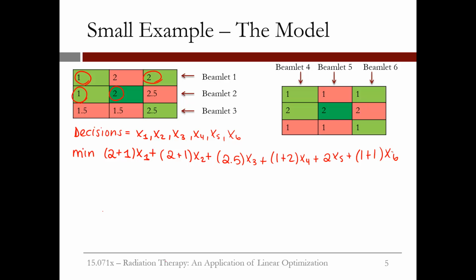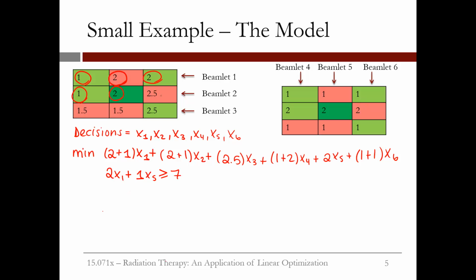Now our constraints. First, we want to make sure that each voxel of the tumor, or the pink voxels here, gets a dose of at least 7. Let's start with the first tumor voxel in the top row. This one's going to get a dose of 2 times the intensity of beamlet 1 plus 1 times the intensity of beamlet 5. This needs to be greater than or equal to 7.